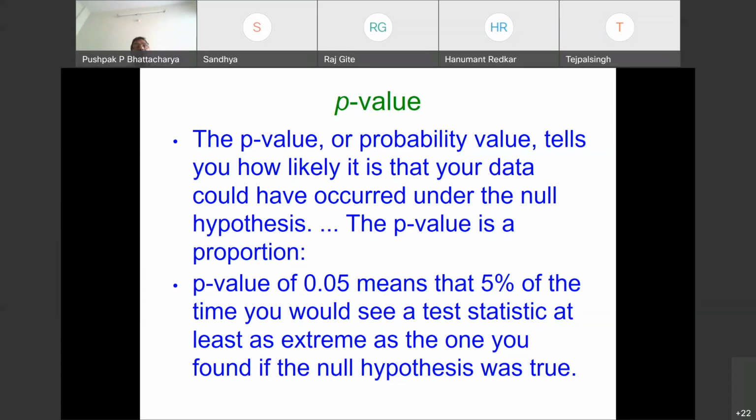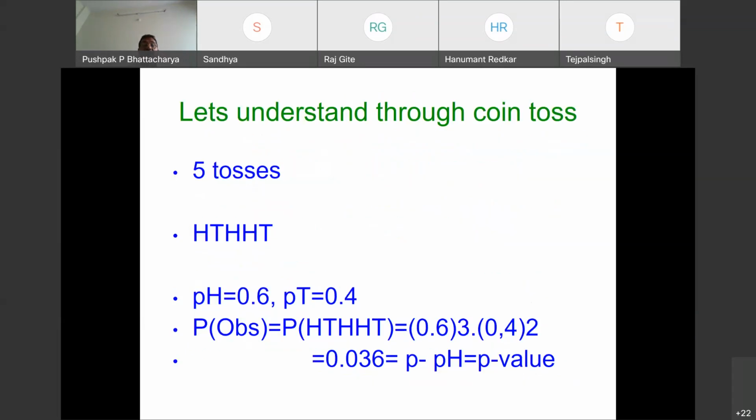That is how test of significance observations are reported. So a p-value of 0.05 means that 5% of the time you would see a test statistic, at least as extreme as the one you found if the null hypothesis was true. This is fairly technical, and maybe an example will make it clear.